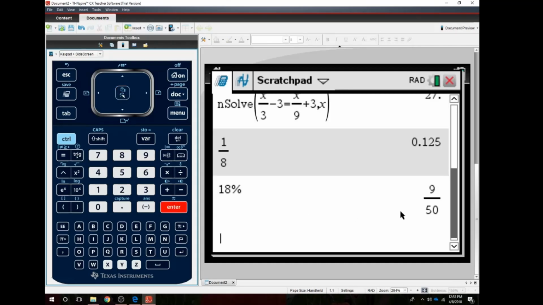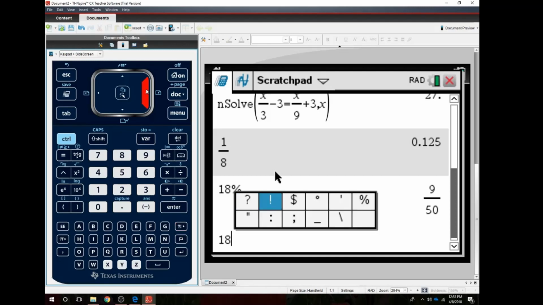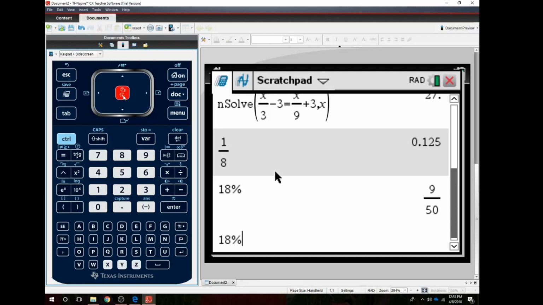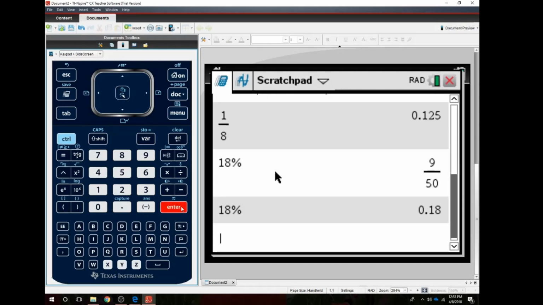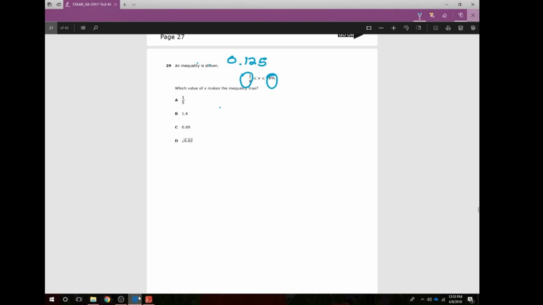If I press enter, it gives me the fraction. I don't want that. To get a decimal, I press Control Enter. I get 0.18, that's what I want.